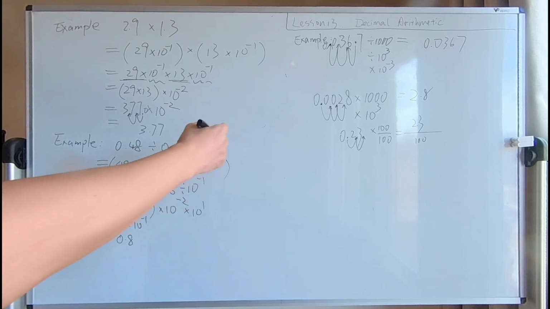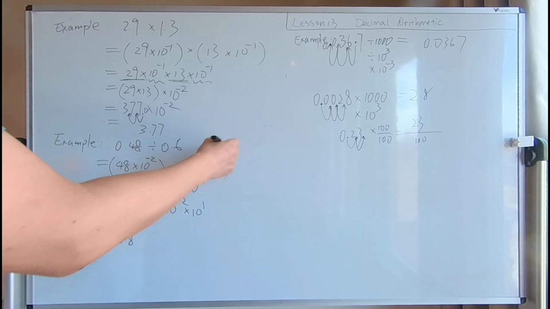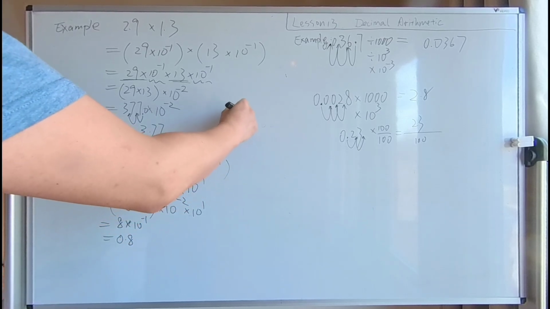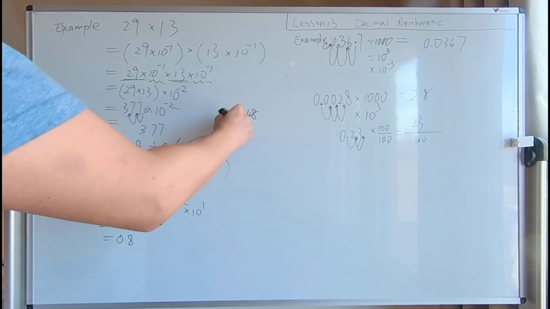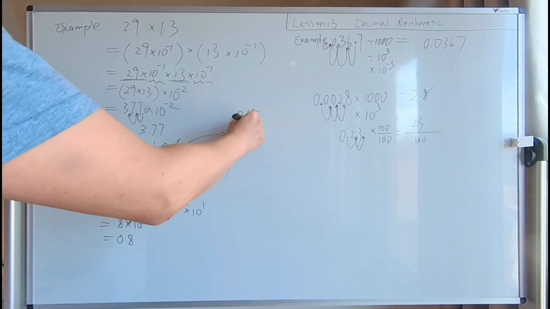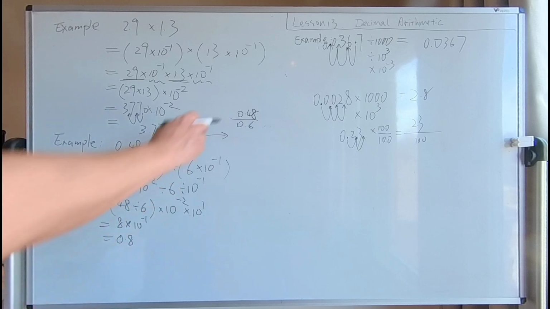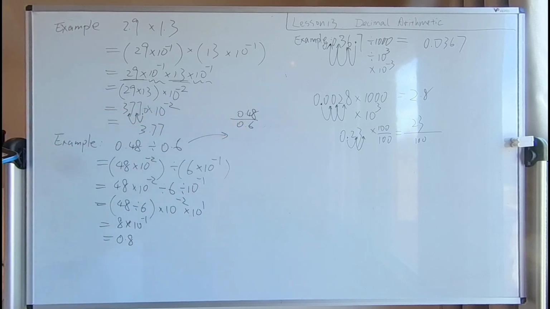Another way for decimal divisions, so this gives you option 2: 0.48 divided by 0.6, right? You can also write this in a fractional form first, and then convert the decimal numbers within this fraction.